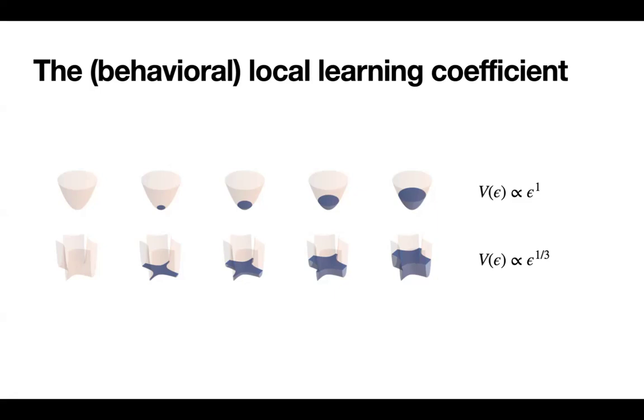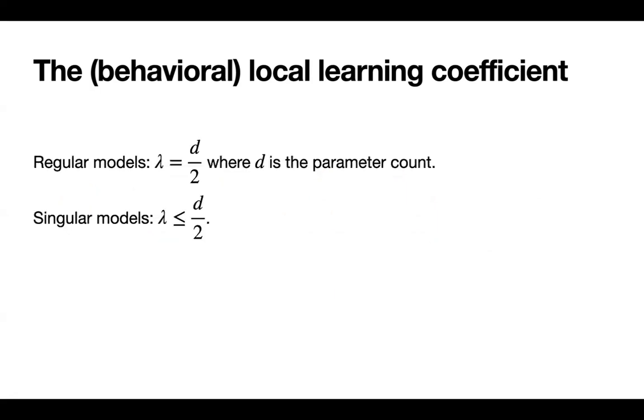Okay, so the important thing to know is that for regular models, this is just going to be half the parameter count. So kind of boring. But in singular models, like neural networks and things like that, it will be less than half the parameter count.